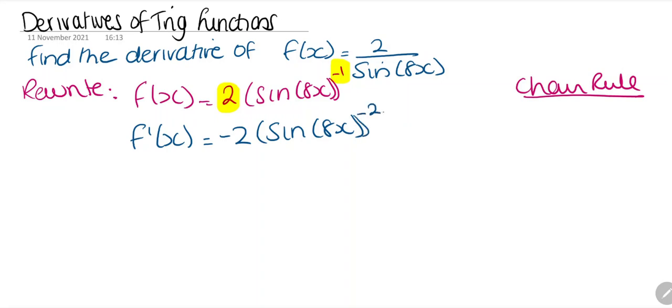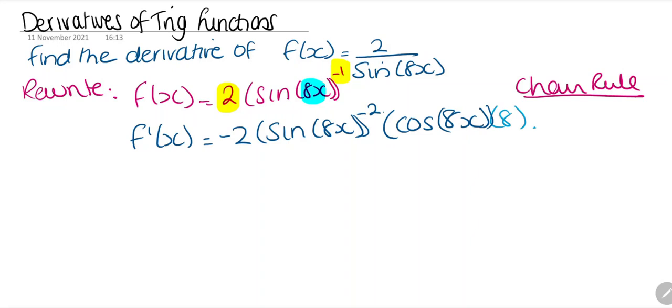So that's going to be negative 2. And then we're going to multiply by the derivative of the inside. So the derivative of sine of 8x is going to be cosine of 8x. And then we have to multiply by the derivative of the inside of our function here, which is going to be 8.